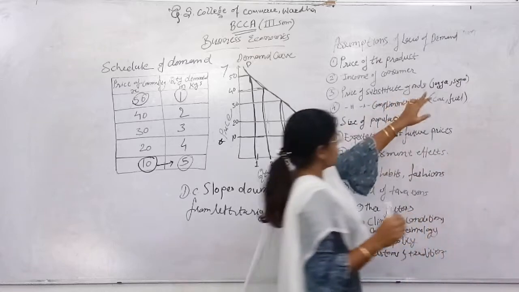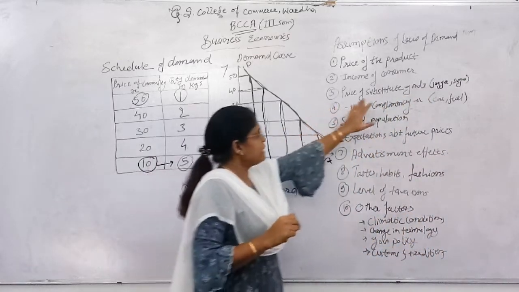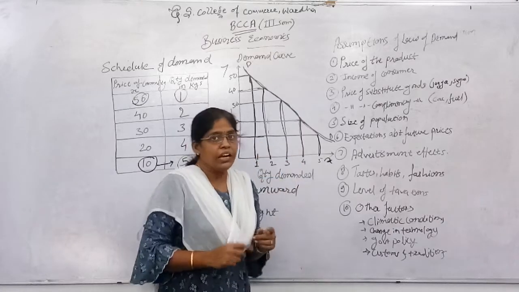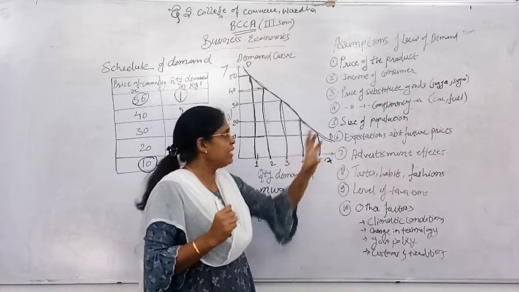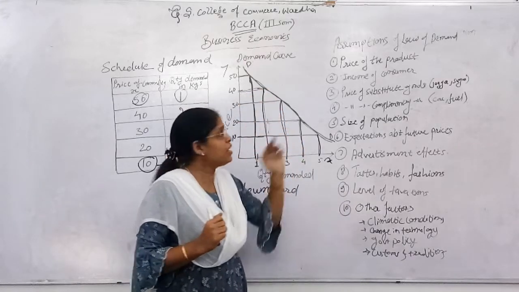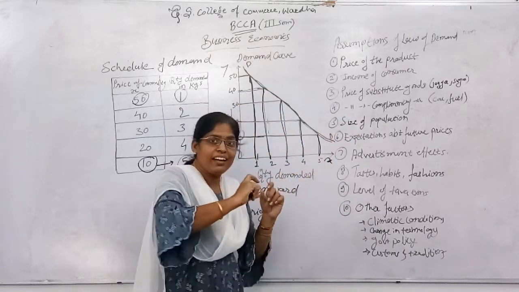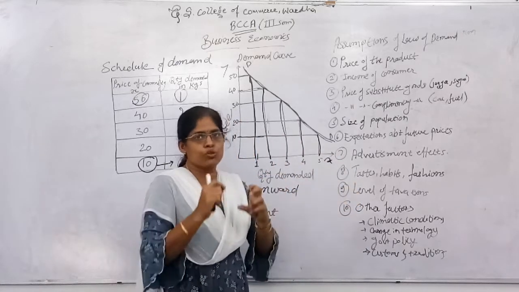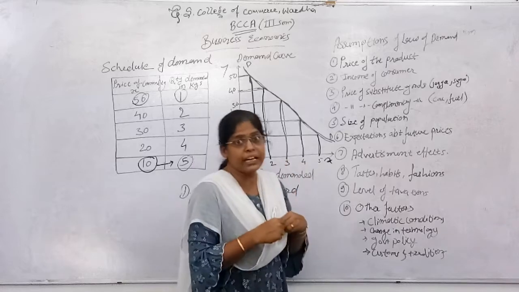Then price of substitute goods. Here we can take the example of jaggery and sugar. In the law of demand, if the sugar prices in the market are rising as compared to jaggery, because jaggery is a substitute for sugar, the sweetness which sugar gives, you get from jaggery also.